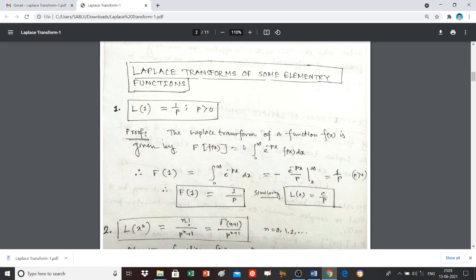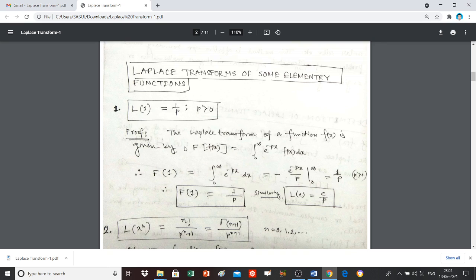So in this section we will calculate the Laplace transform of some elementary functions. Number one is the Laplace transformation of 1, and that is equal to 1 by p, provided p is greater than 0. So we are here to prove that the Laplace transformation of 1 is equal to 1 by p.